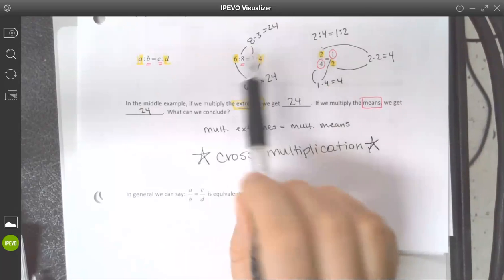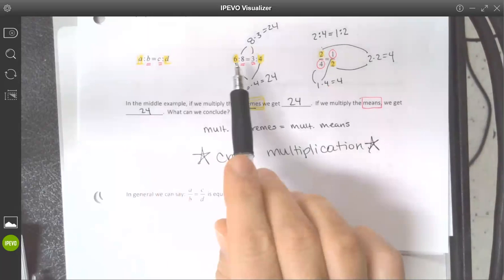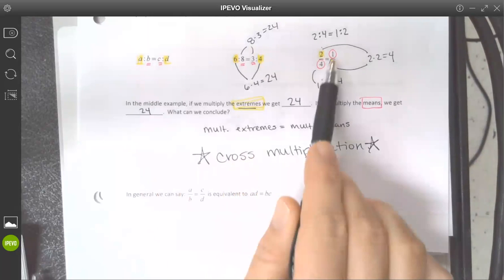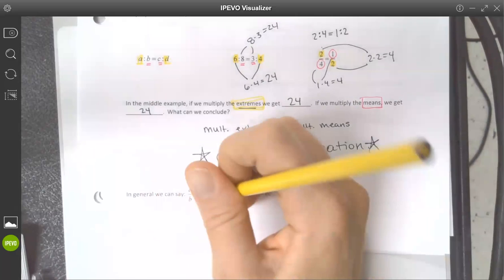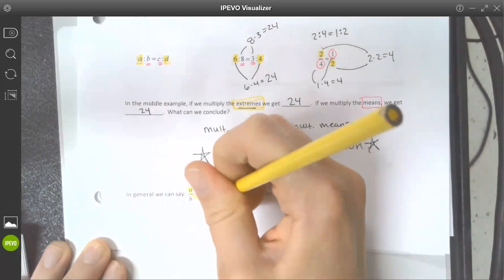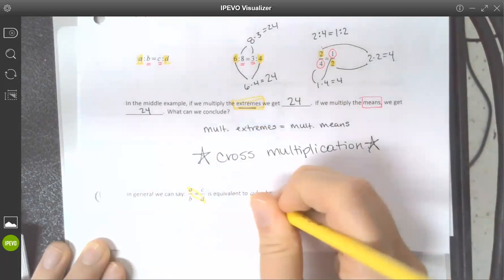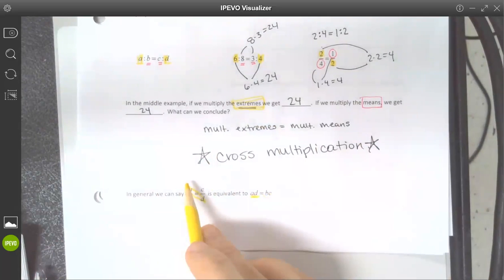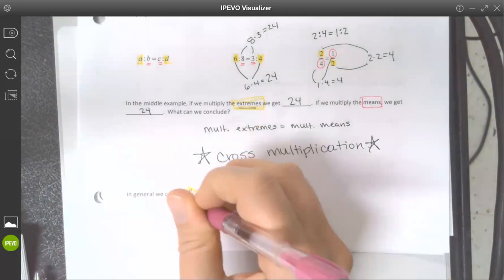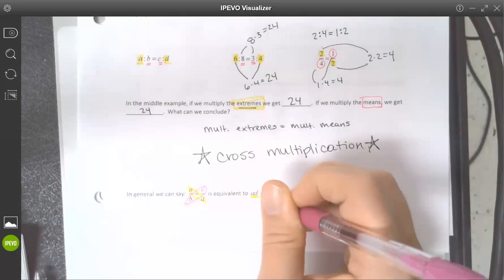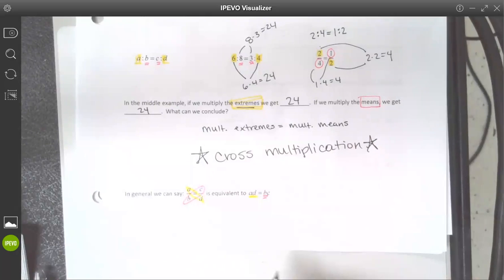We are not going to look at a lot of proportions written this way. We are going to look at a lot of proportions written like these fractions. So in general, we can say that A times D, going across here, multiplying A and D together, will be equivalent to multiplying B and C together. You can see how we rewrite our equation.